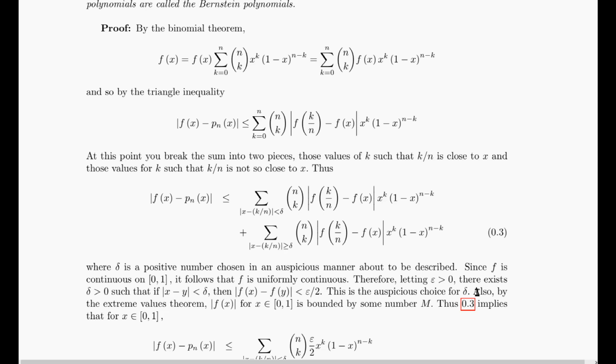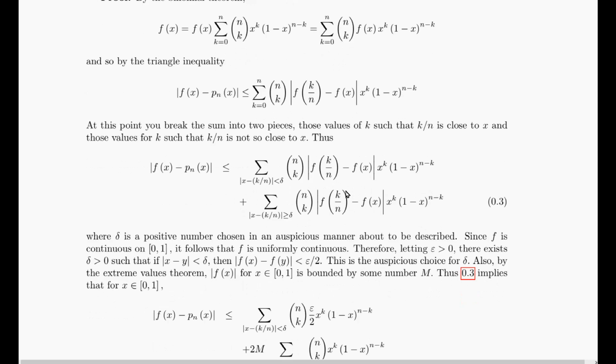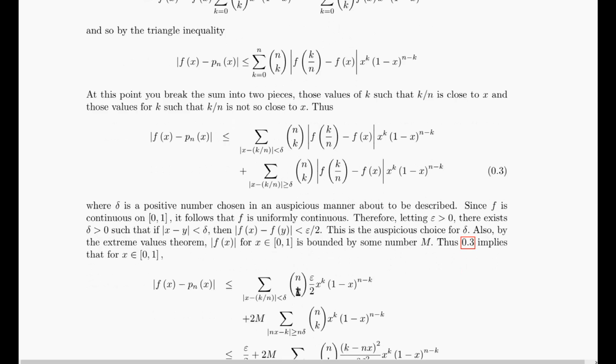This is the auspicious choice for delta. So if I take a look at this one here, x is closer to k/n than delta, and so this will be smaller than epsilon over 2. So I get the first integral like this.